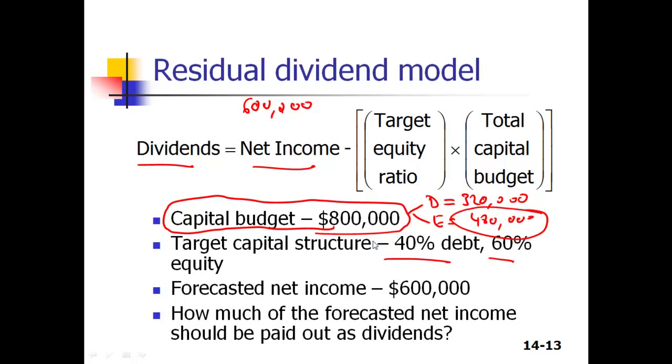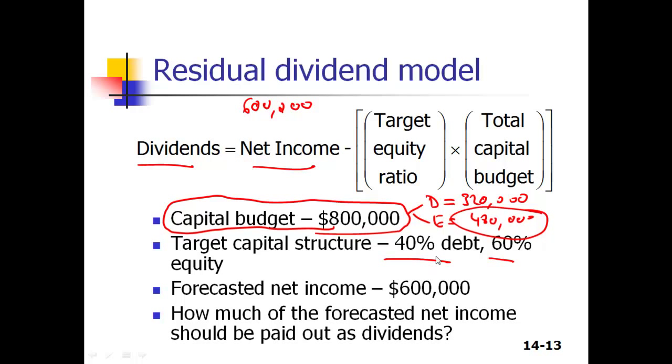If you take your entire net income and put it into this, what will happen? That will hurt your capital structure. To maintain this capital structure, you need to use debt and equity in the ratio that corresponds to your target capital structure. If you don't do that, then your capital structure will change.